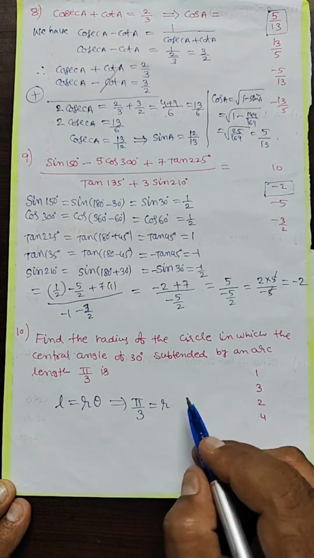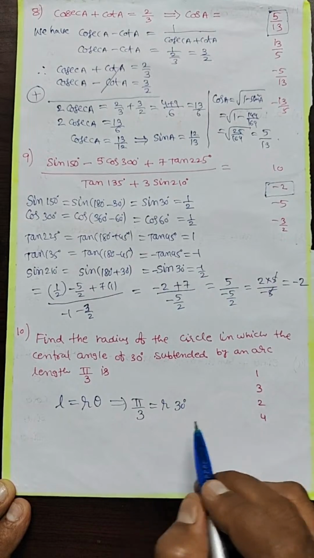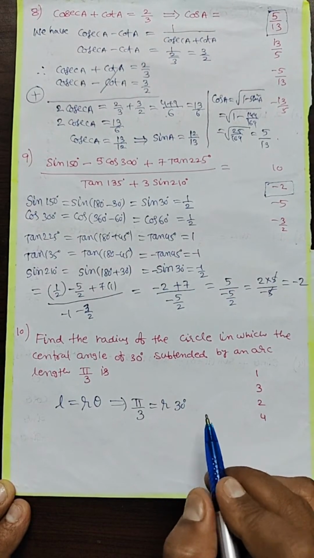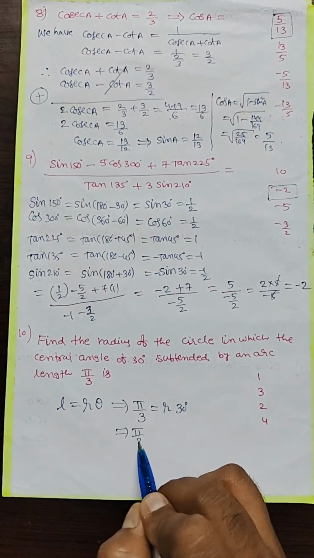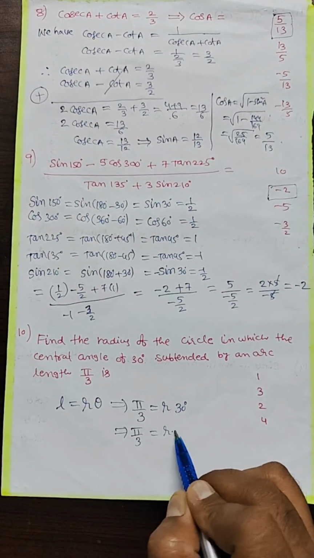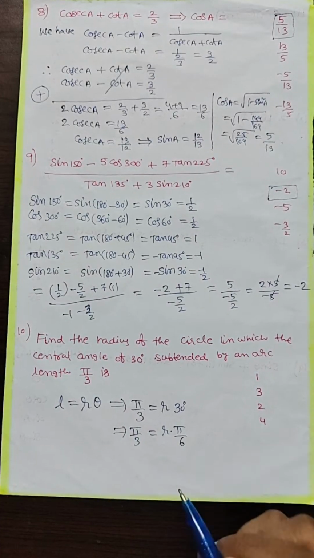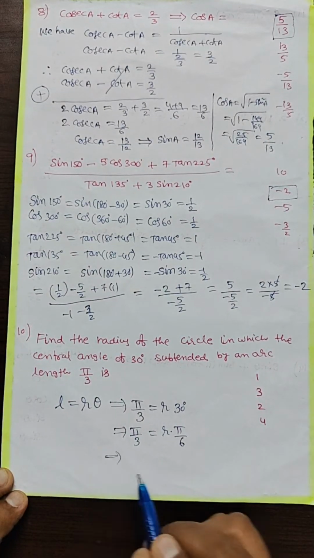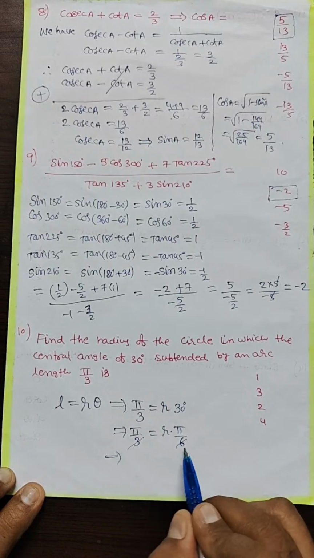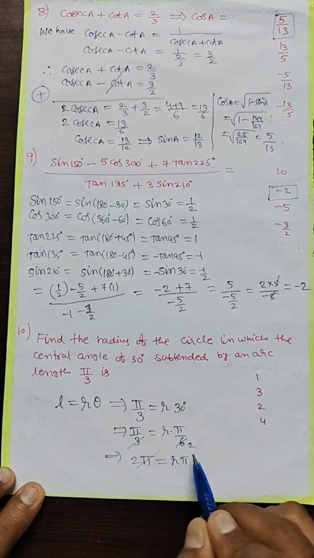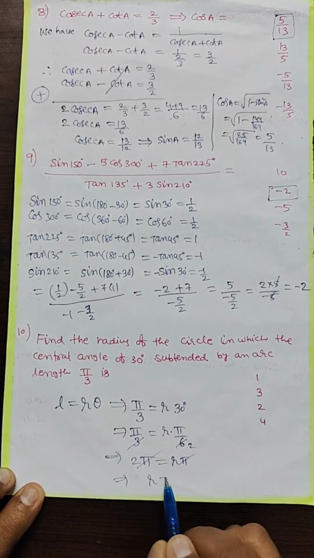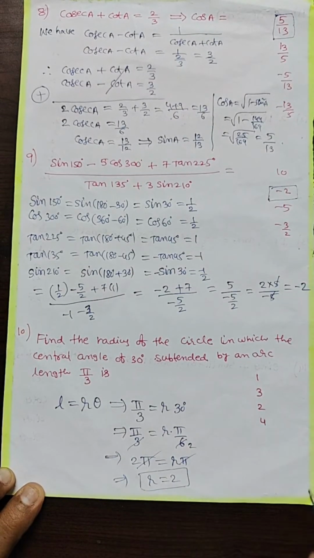Theta value is 30 degrees. 30 degrees also in terms of radians we will calculate. So pi by 3 is equal to R into pi by 6. So both sides 3 ones, 3 twos. Calculate 2 pi is equal to R pi. Pi get cancelled. R is equal to 2. So therefore radius R is equal to 2 is there in this.